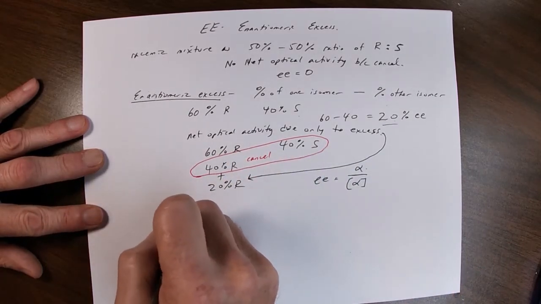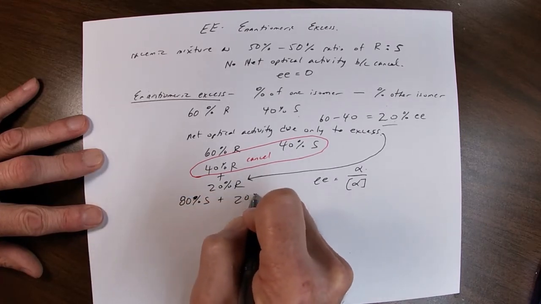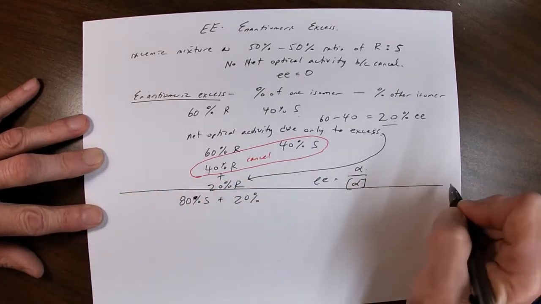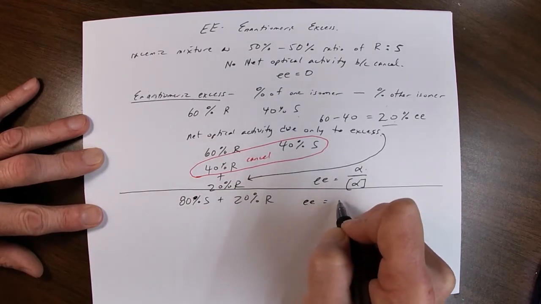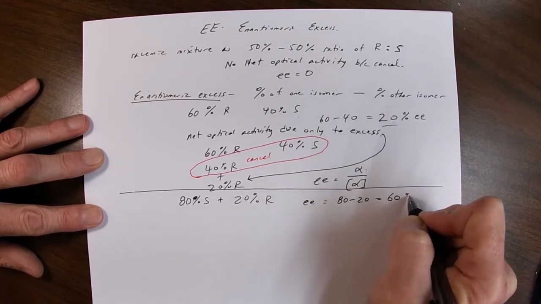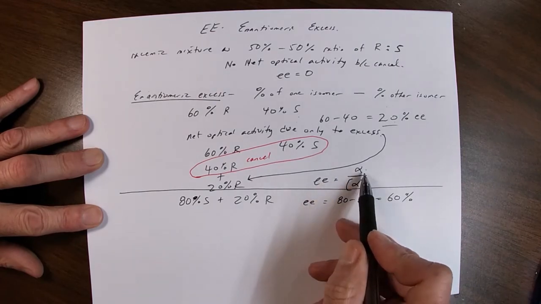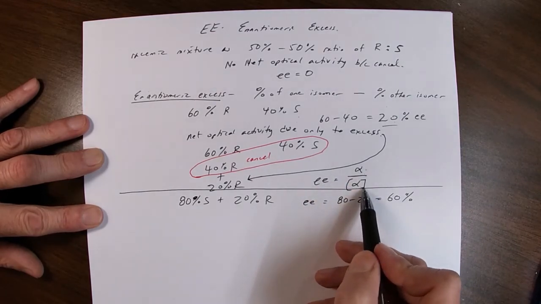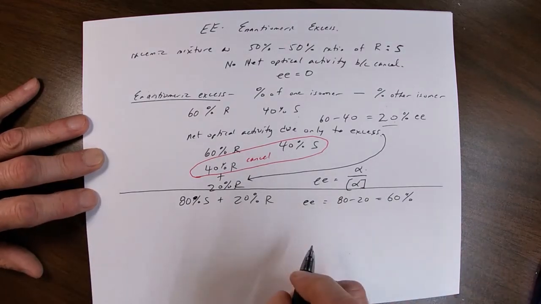Let's say I've got 80% of the S isomer and 20% of the R isomer. What is my enantiomeric excess? This is real easy. 80 minus 20 gives me 60%. I would expect my optical activity to be 60% of the standard. Now it's easy going that direction.